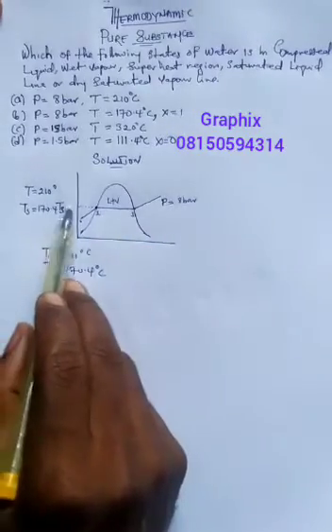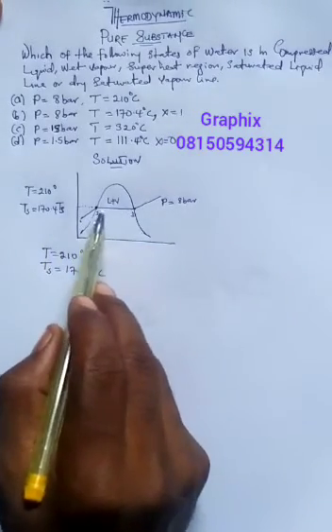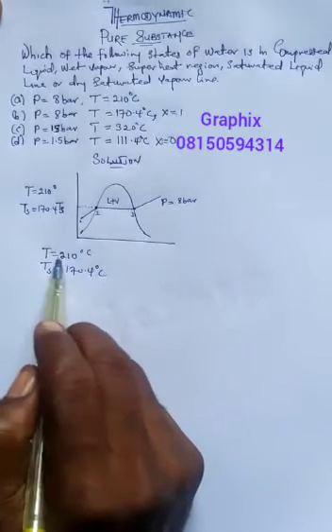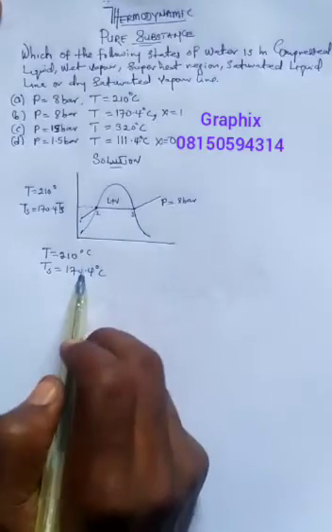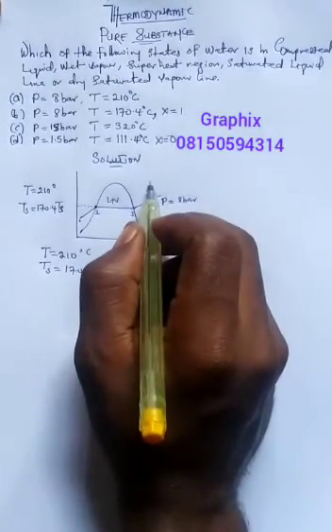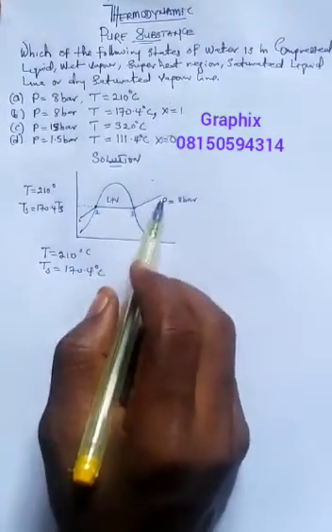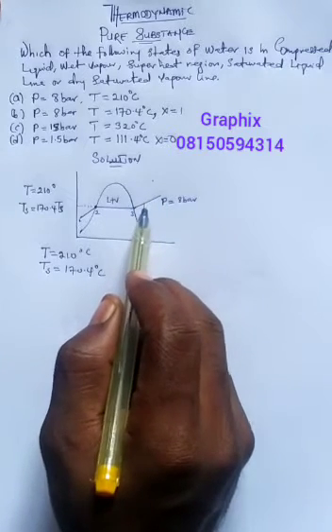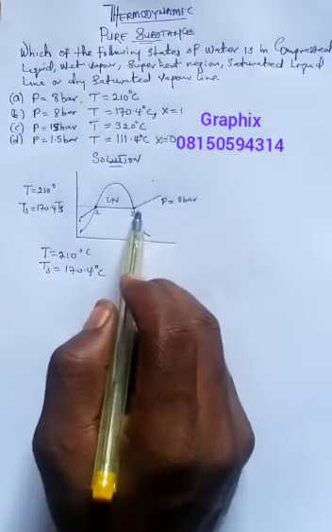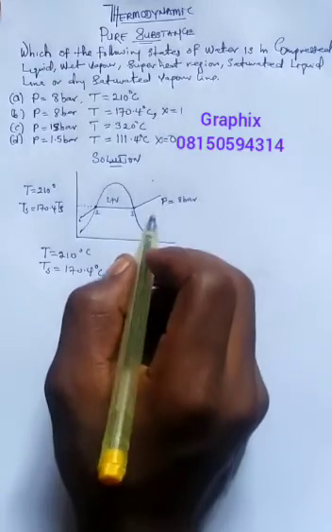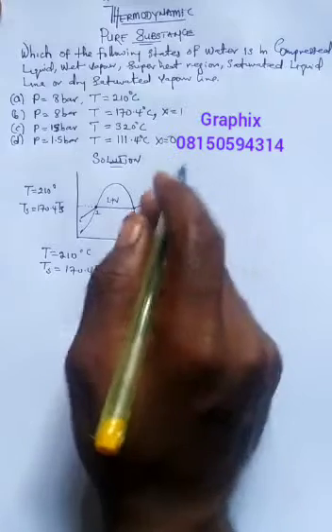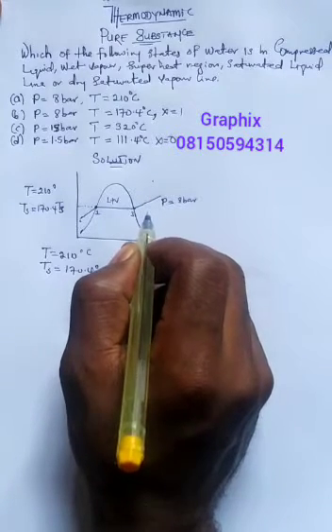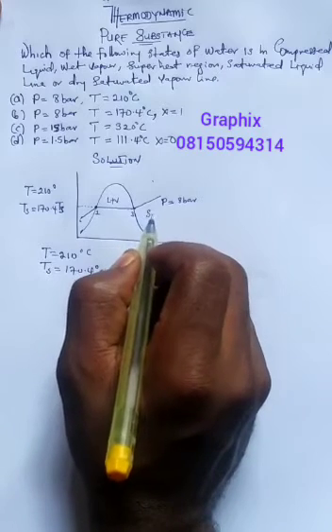Now the saturated temperature at this line here is 170.4, and 210 is greater than 170.4. So it means our 210 is superheated, because it is rising from here, it's going up. The temperature on this line here is 204, and at this region of our dome, we call it the saturated vapor.